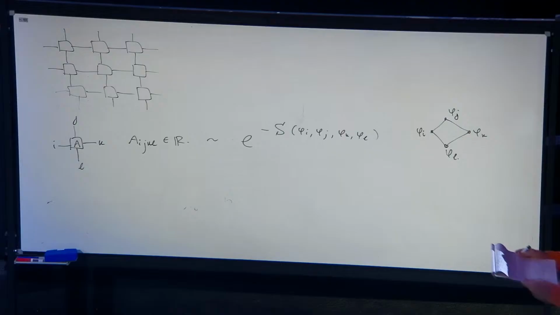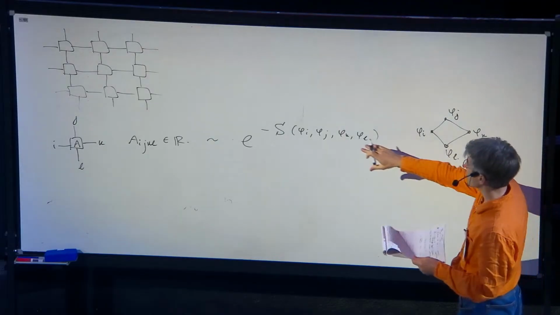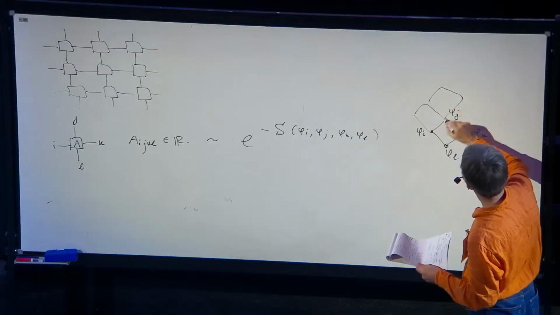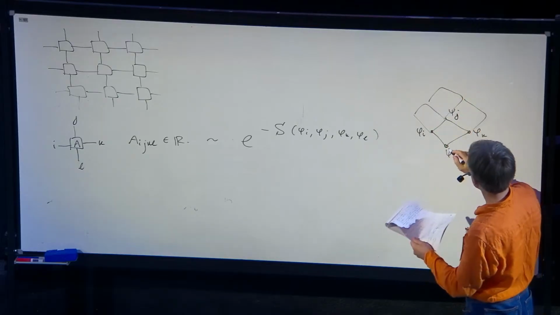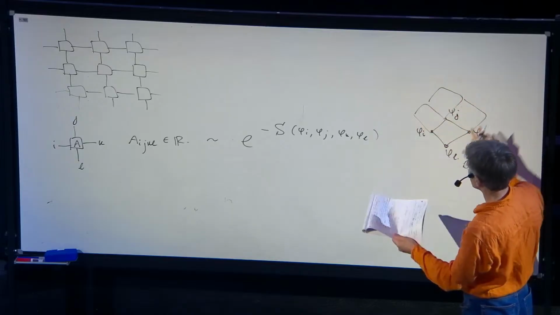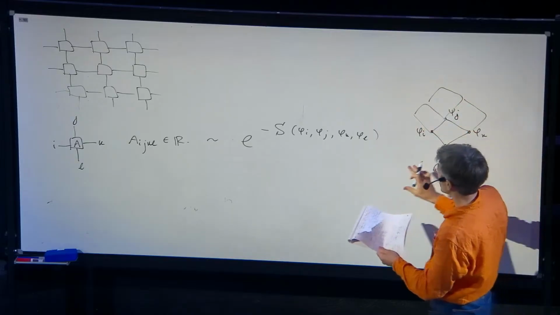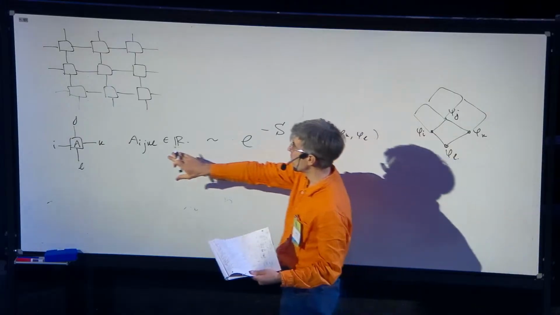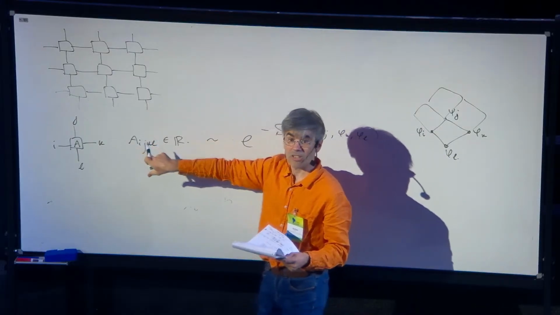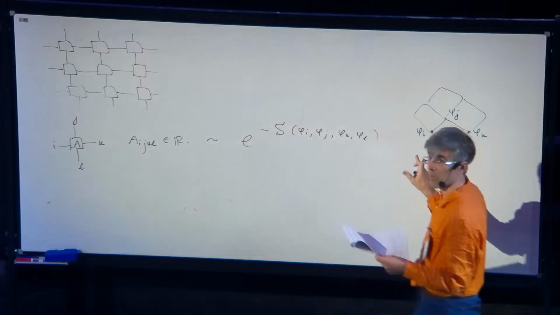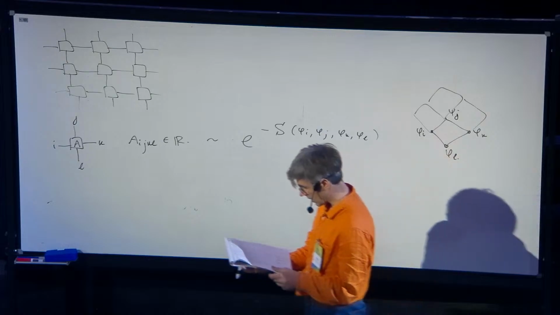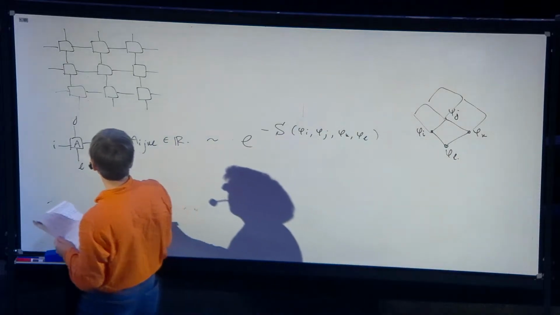Your action was a local action, and so because you split all your two-dimensional plane into squares, your action split into a sum of terms, and I just pick out a single term, e to the minus S, and this is going to be my initial tensor, which is going to represent the path integral of my system. So that's what the tensor is.